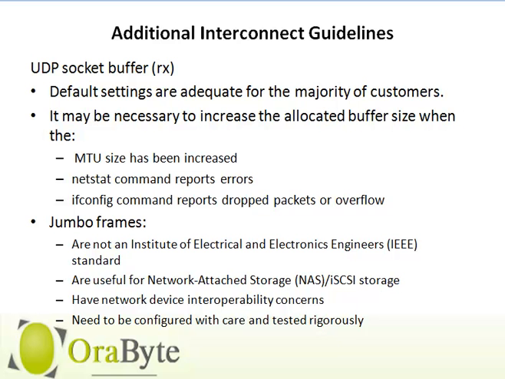They are used typically for NAS or iSCSI storage. They have network device interoperability concerns, so you have to test it thoroughly. Oracle has a MetaLink note which tells you what needs to be done if you move to jumbo frames. What happens is your packets are otherwise broken into smaller chunks.